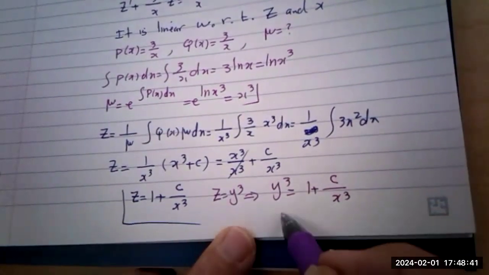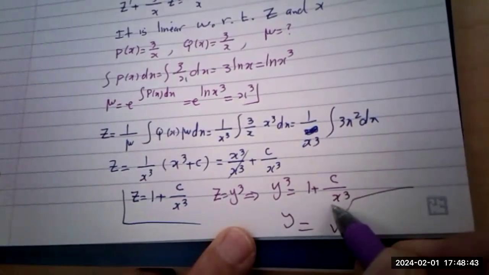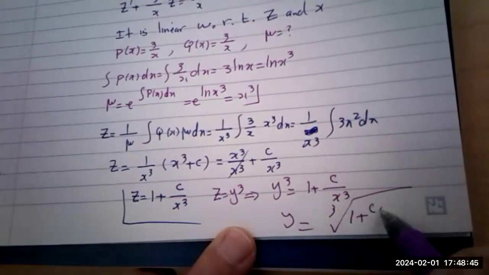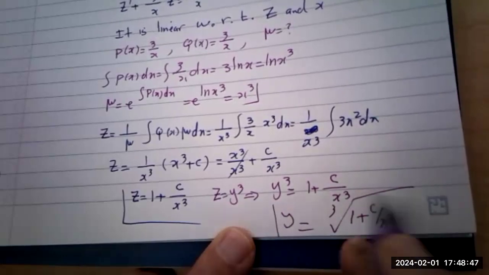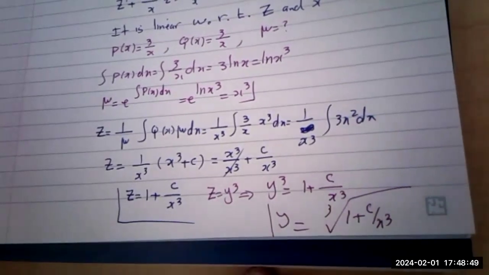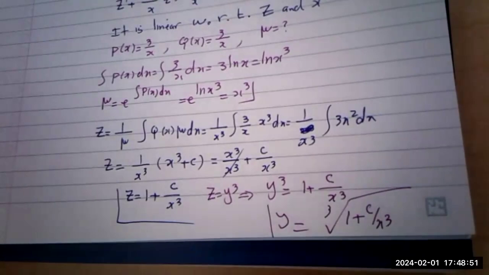It's done, but if you like, y would be the cube root of 1 plus c over x cubed, as defined. Okay, so we cannot make it complicated. You should be prepared to go through all the procedures. Okay. So get practice to know that you're ready.